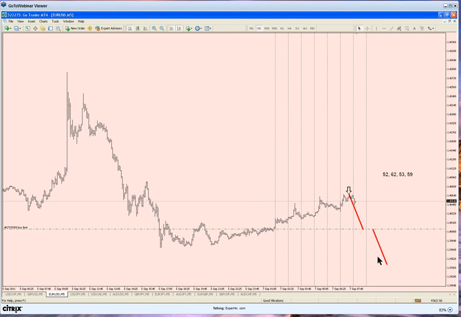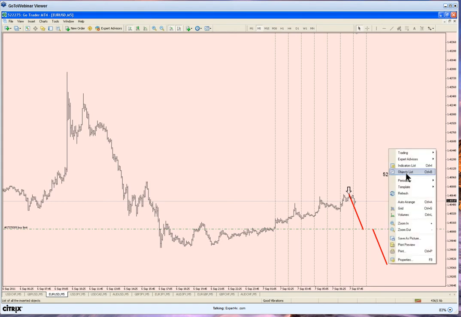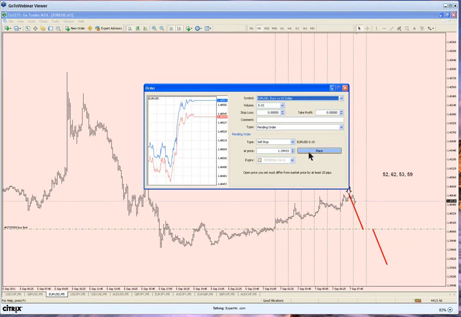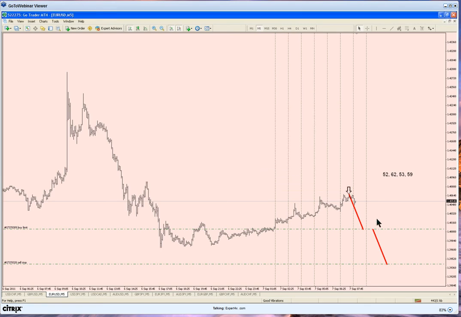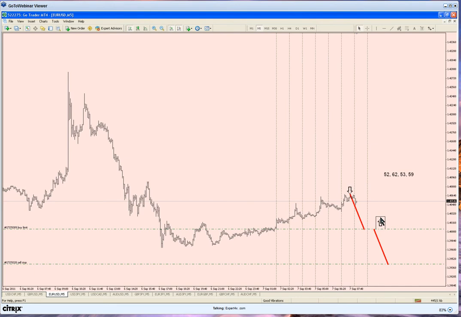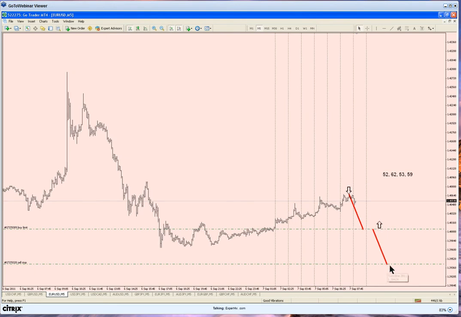And I'm going to put a stop in right now. That's where my stop must go, and that stop will be a sell stop. So I'm putting that in. Right, sell stop. Boom. Place. Okay, so now I've got an order that says if the price goes to that level, I want to buy it, and there's my stop.